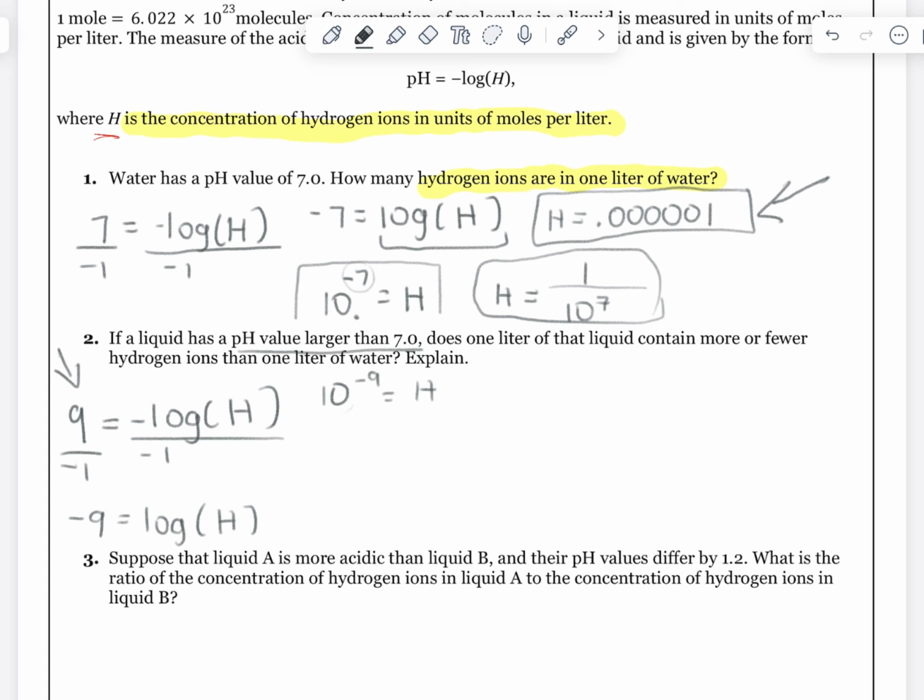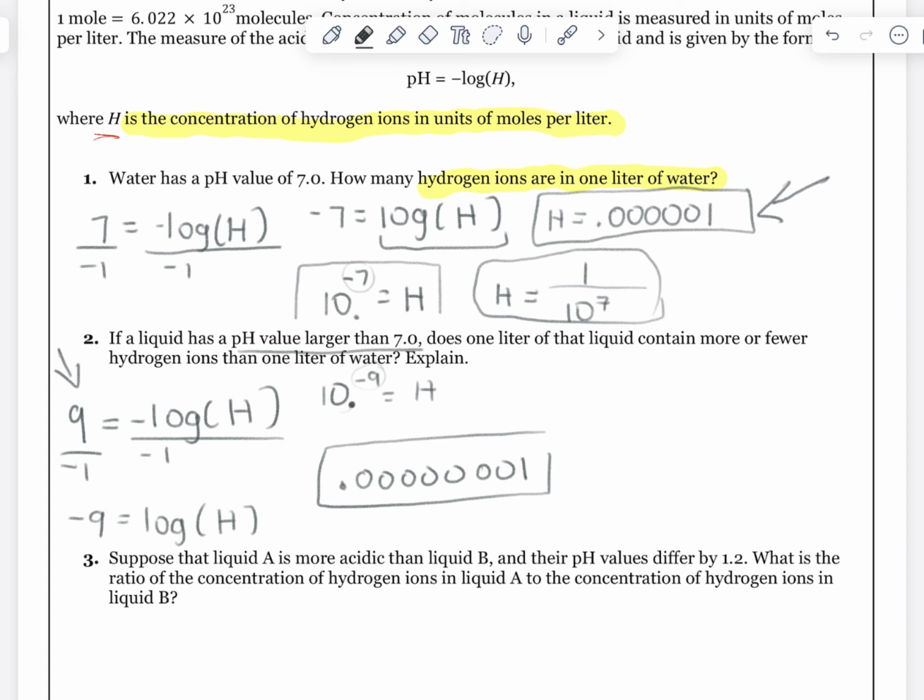That means that you take your decimal place at the end and you move it 9 units to the left. So you end up with 0.000034567, right? That's how many fewer hydrogen ions are in this liquid.